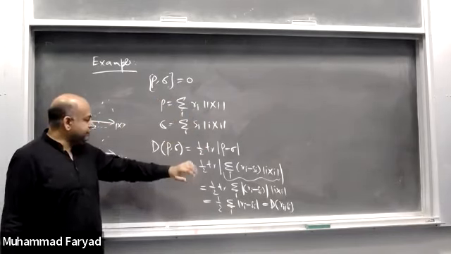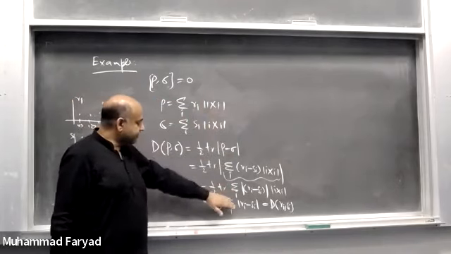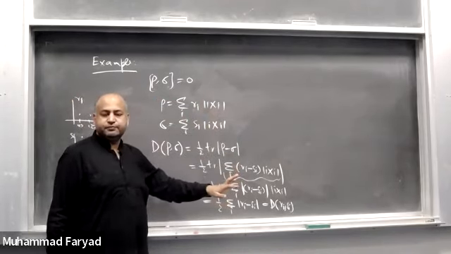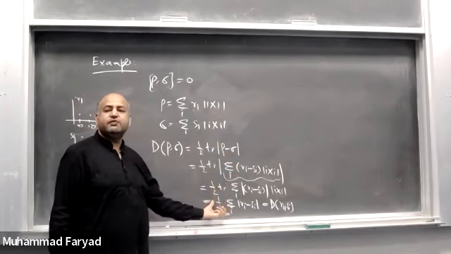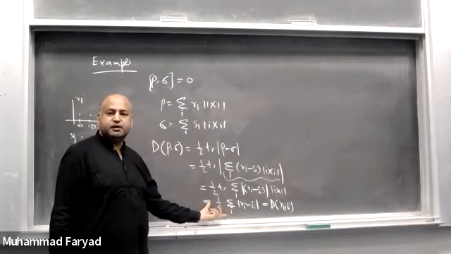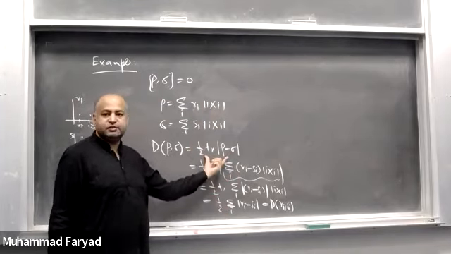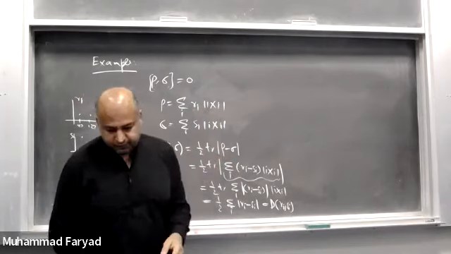Okay, but otherwise this is something different and this is something different. And in general, for quantum states, you cannot even talk about the classical Kolmogorov distance, L1 distance. You only have to talk about the trace distance. Okay.